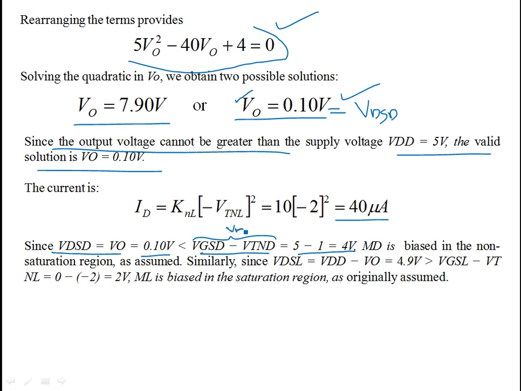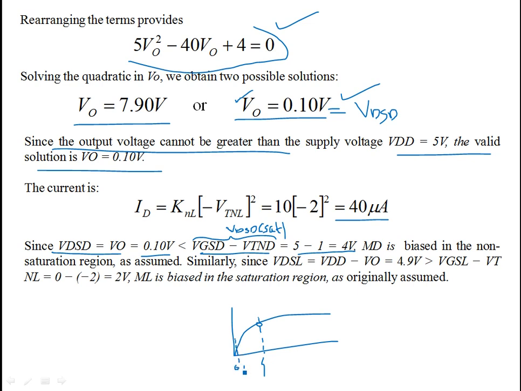So for the lower transistor VDSD sat is 4 volts, and 0.1 is much less than 4 volts. If the transition point in the curve is at 4 volts, you're somewhere here at 0.1 volts.